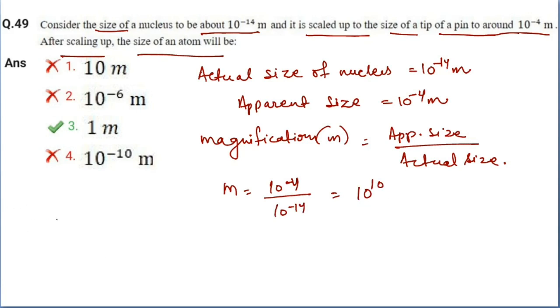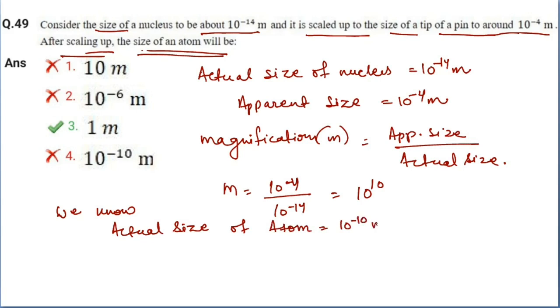Now, the question is, after scaling up, the size of an atom. Here the size of the nucleus is given, we have to calculate the size of an atom, meaning the apparent size. As we know, the actual size of an atom is 10 to the power minus 10 meter, and we have to calculate the apparent size, and we know the magnification, right?